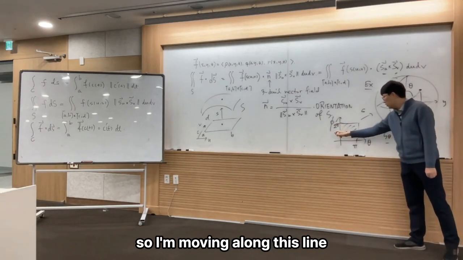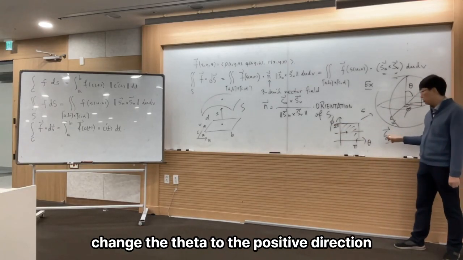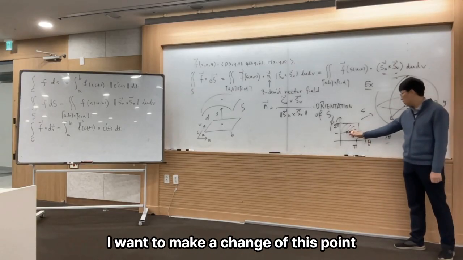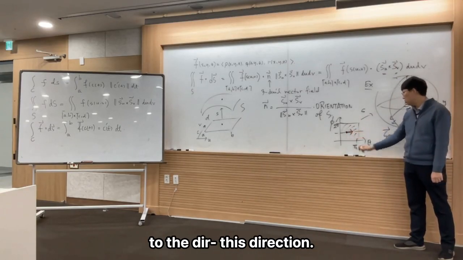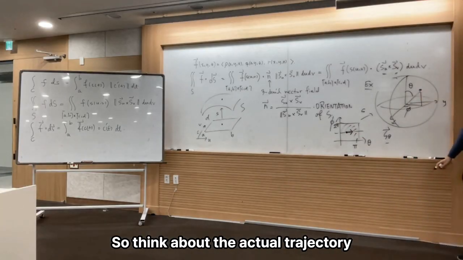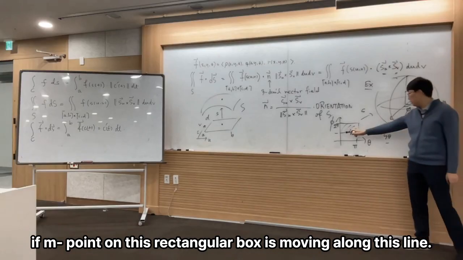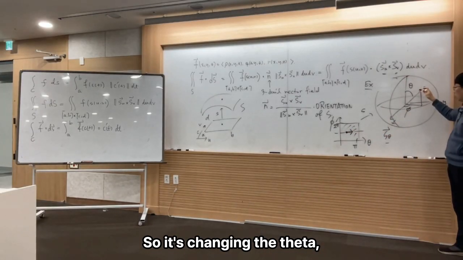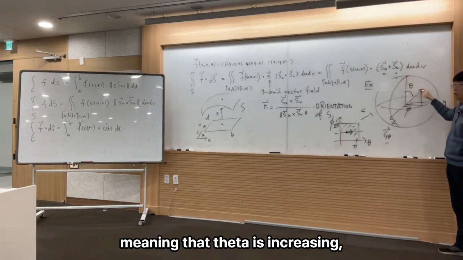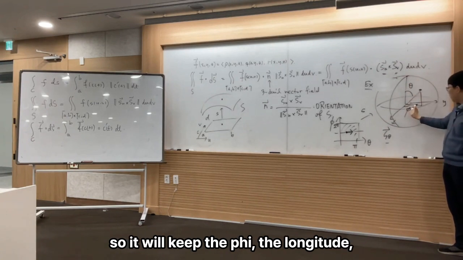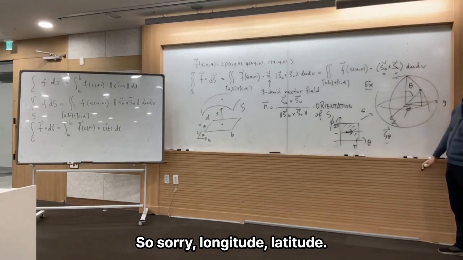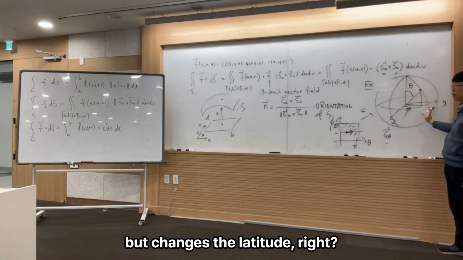So I'm moving along this line, but I want to change theta in the positive direction by 1 unit of length. I want to make a change of this point in this direction. So think about the actual trajectory of the point. If the point on this rectangular box is moving along this line, theta is increasing, so it will keep the longitude but change the latitude, right?